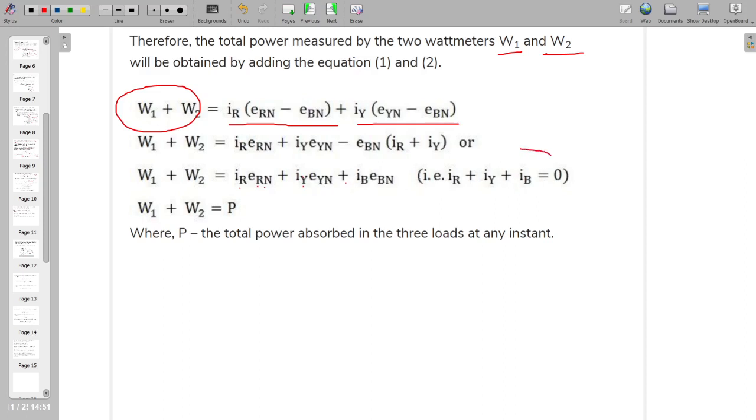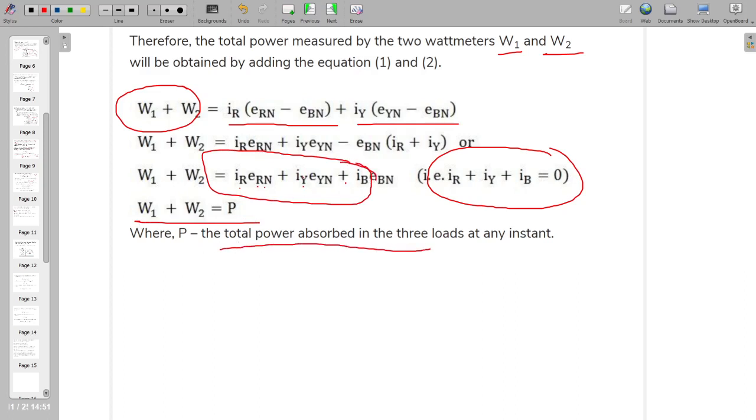But for a balanced load, IR plus IY plus IB is equal to 0. So W1 plus W2 is the total power, the total power absorbed by the three loads at any instant.